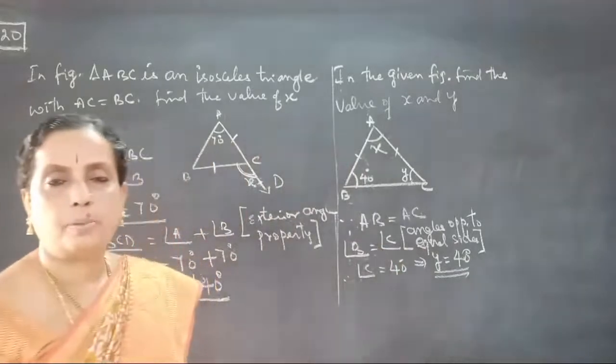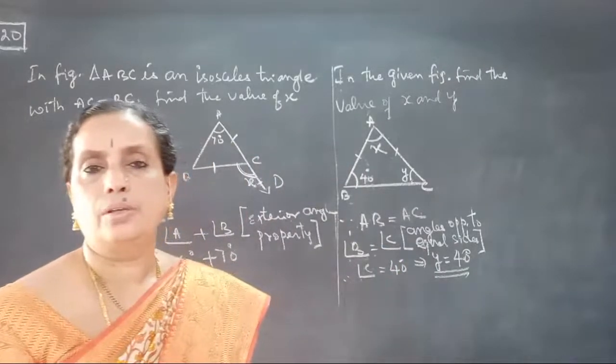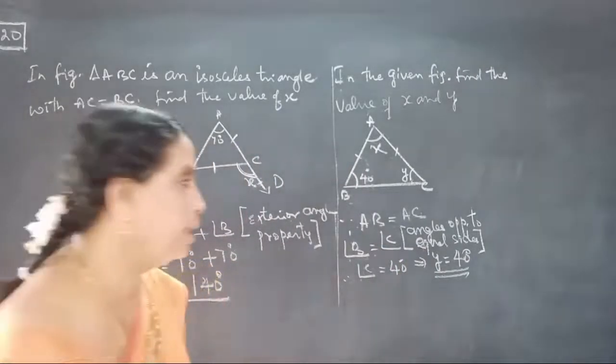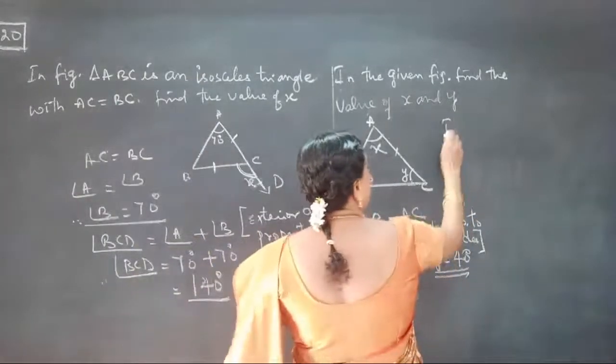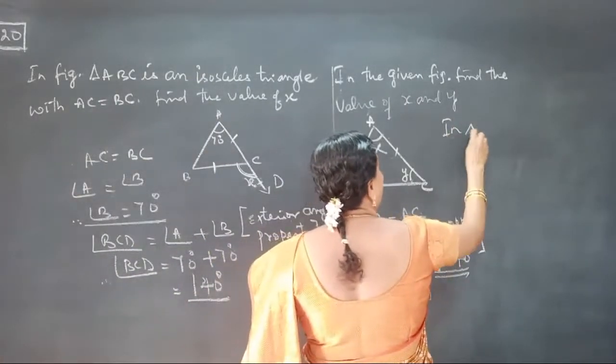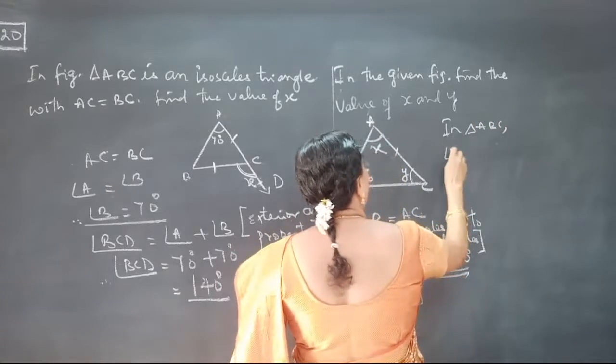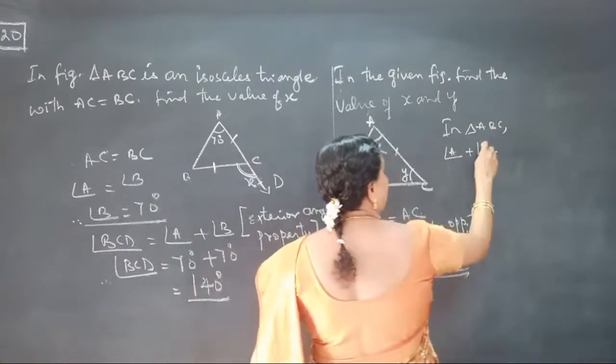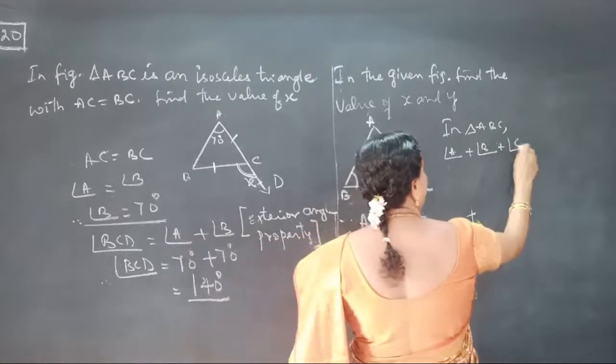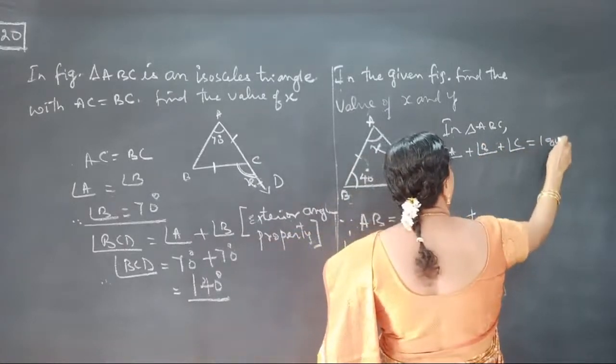Second part of this problem can be obtained by using angle sum property, that is, in triangle ABC, angle A plus angle B plus angle C equals 180 degree.